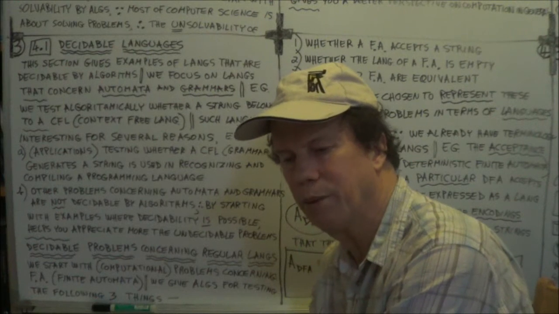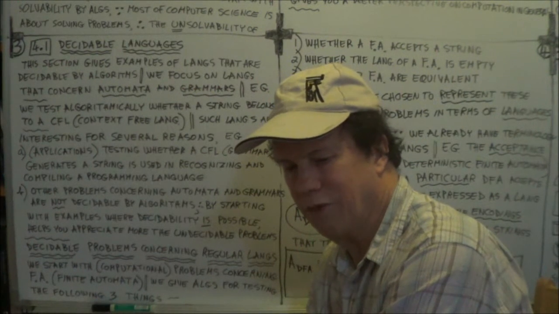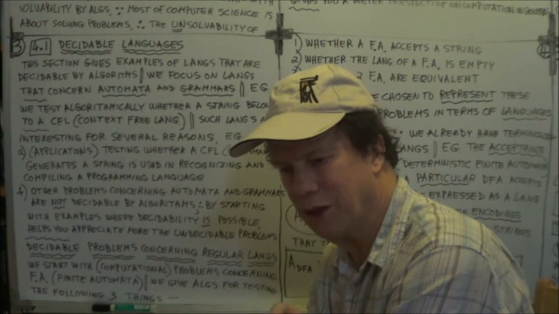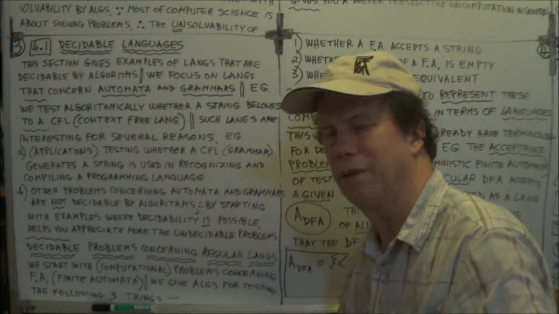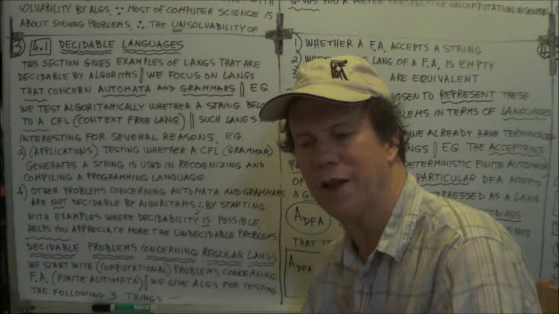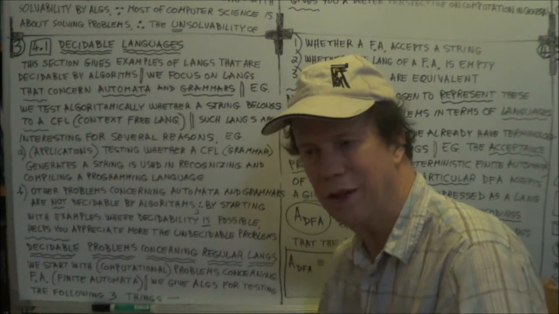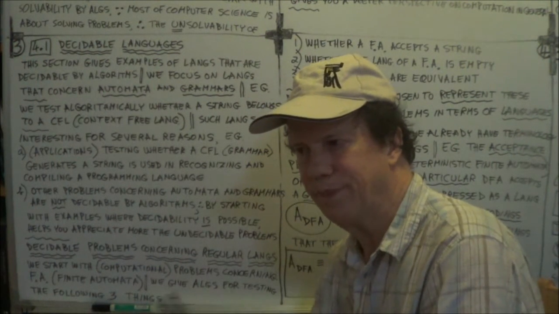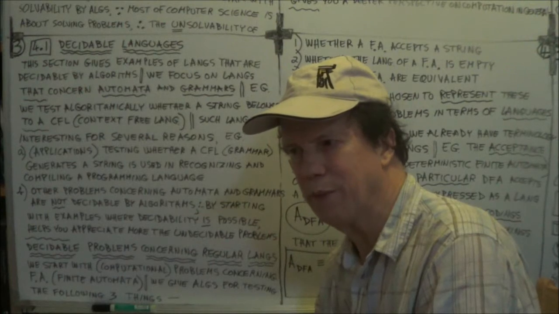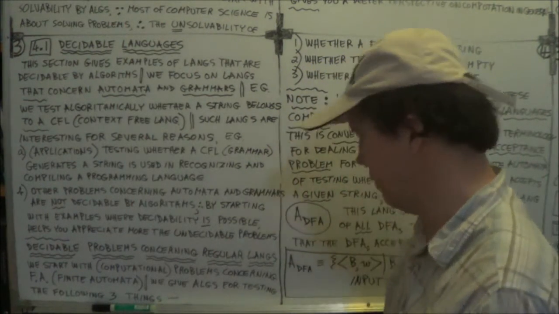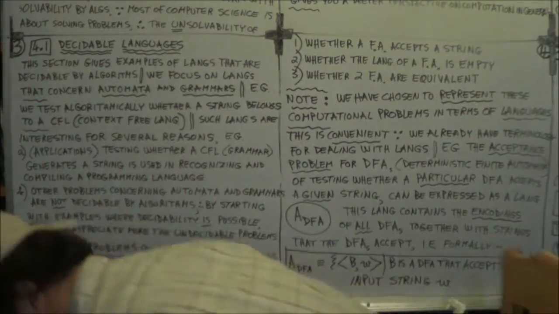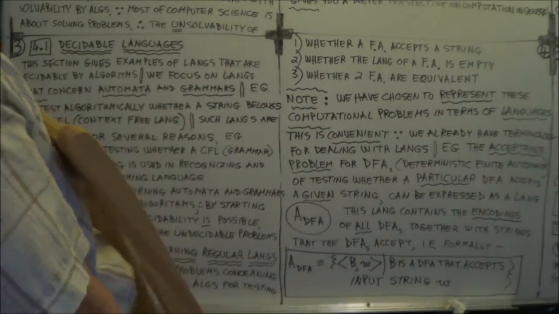You're translating the problem from a fairly direct computational type problem into a membership of a language type problem, and the two are equivalent. If you can answer one, you've answered the other. It's just a different way, a different perspective. And when we give a few concrete examples, you'll see. So, what are these three categories of problems? Three types of problems.